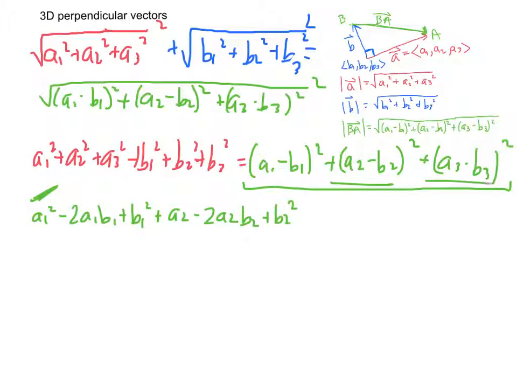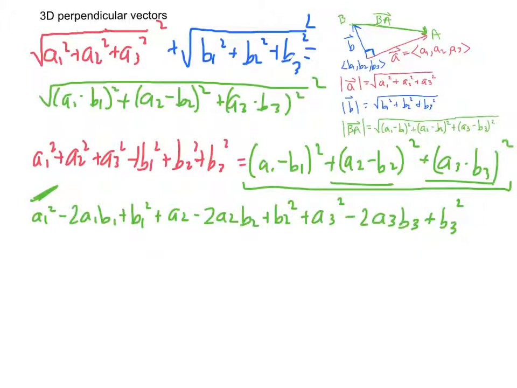And then when we FOIL the third part, we get plus A3 squared minus 2A3B3 plus B3 squared. So this green stuff is all the right-hand side. So what's going to happen is, much like we did with 2D vectors, we're going to subtract stuff on both sides that are going to cancel out.